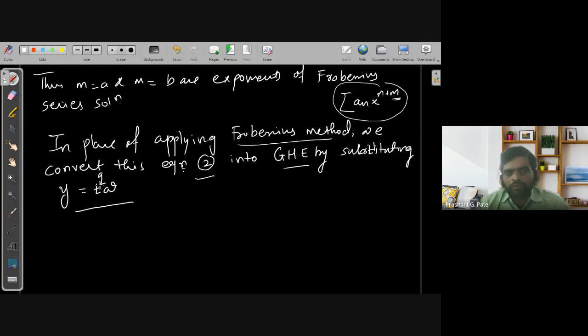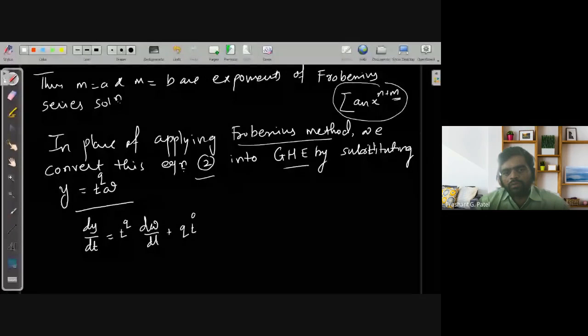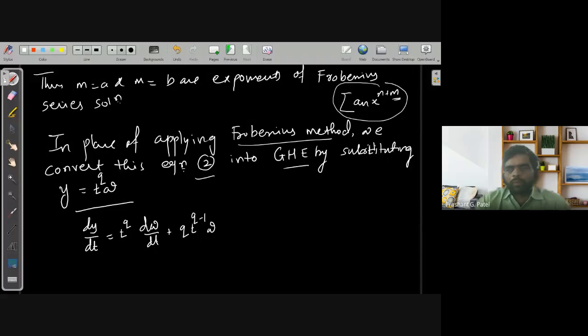It is a function of t. So what is dy by dt? As per the product rule, this is t power q dw by dt plus q into t power q minus 1 w. What is d square y by dt square?